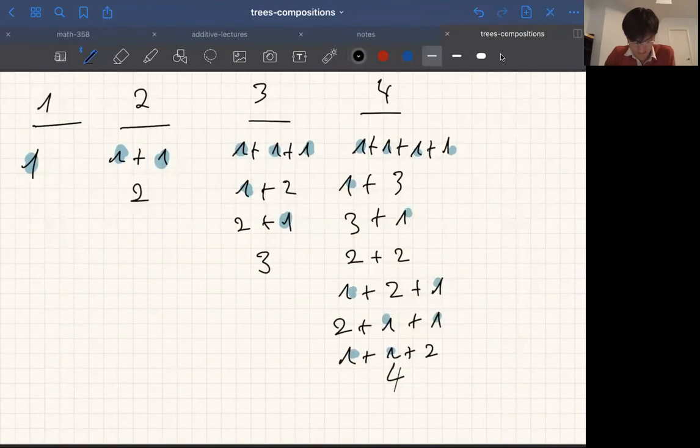Okay, this is the tree for n equals 1. And now we have this and this. Now the trees for n equals 3 look like this. There's this one, there's this one, there's this one, and then there's this one as well as this one.